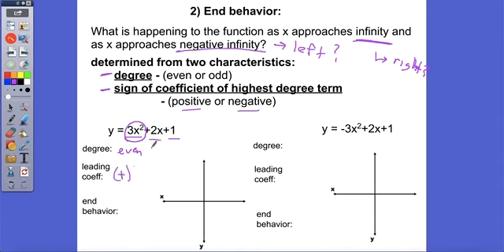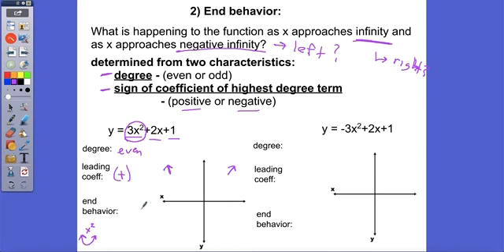So whenever the degree is even and the leading coefficient is positive, the end behavior is going to match the end behavior of another common even degree, positive leading coefficient function. That would be the same as x squared. Remember, x squared looks like this. It's a parabola. So that means the end behavior is going to go up to the right and up to the left.